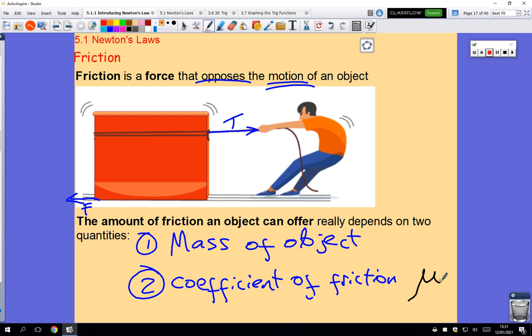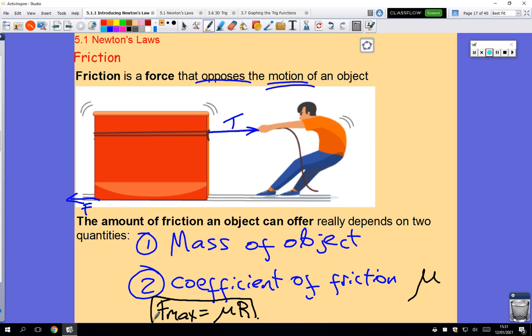And the friction force in an object, the most friction that an object can call upon, the maximum friction, let me write F max. The maximum friction is whatever mu is multiplied by what we call the normal reaction. Okay, and that's something that you're going to wrap your head around.